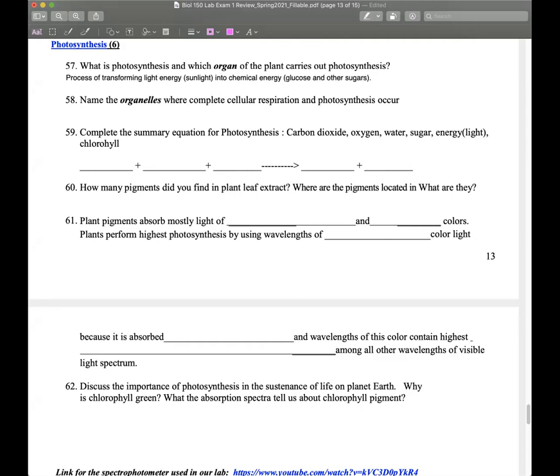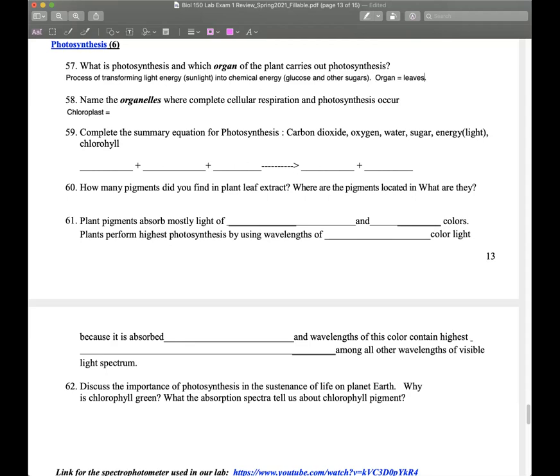And it's carried out in those chloroplasts. Oh, sorry, which organ of the plant? We know that organelle is the chloroplast. What do we mean by organ? Leaves? Yeah, leaves. So by organ, we mean the leaves of the plant.